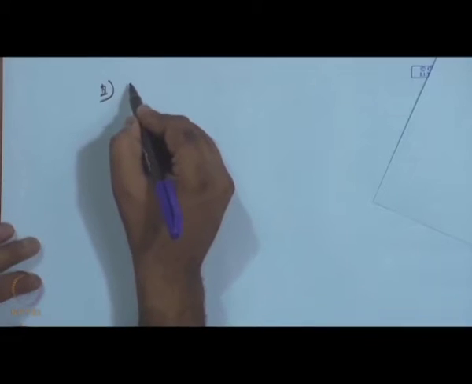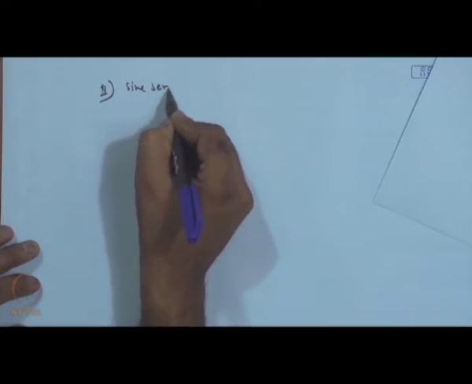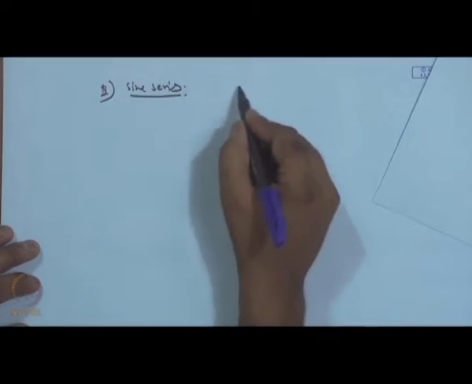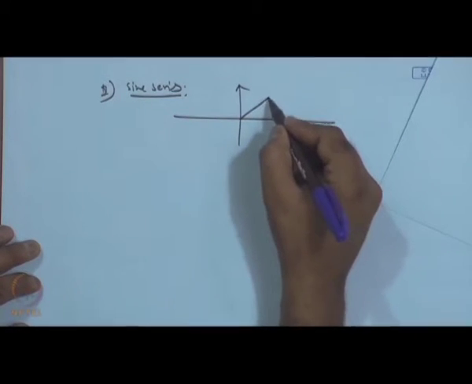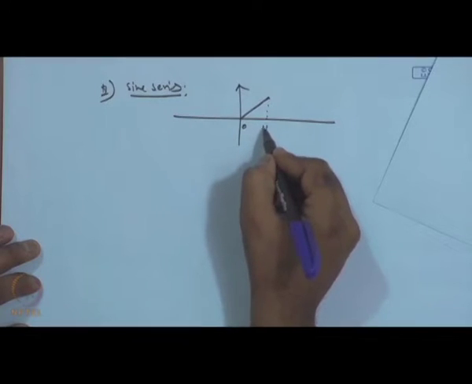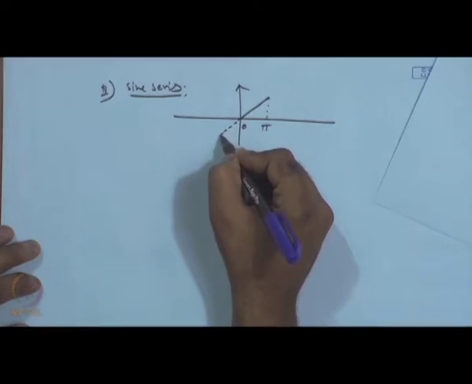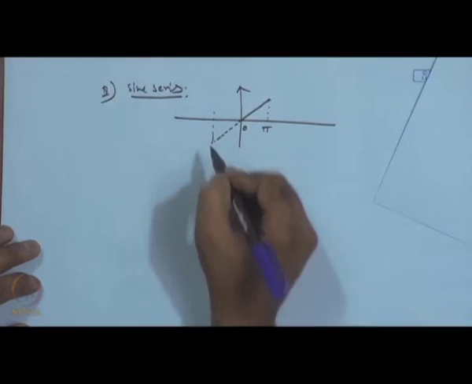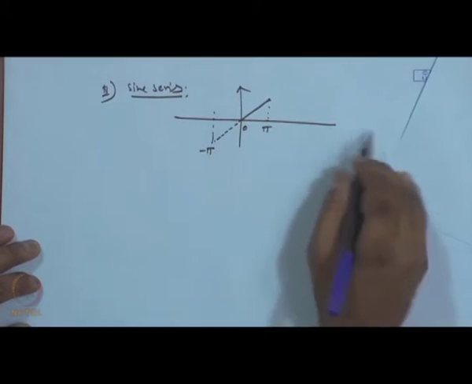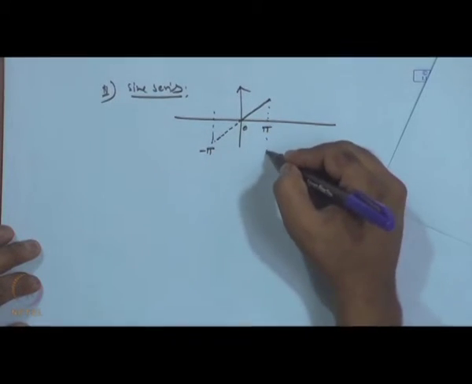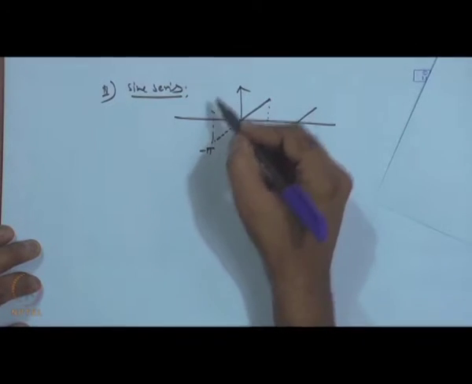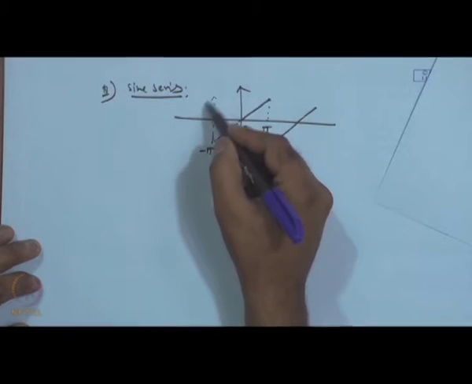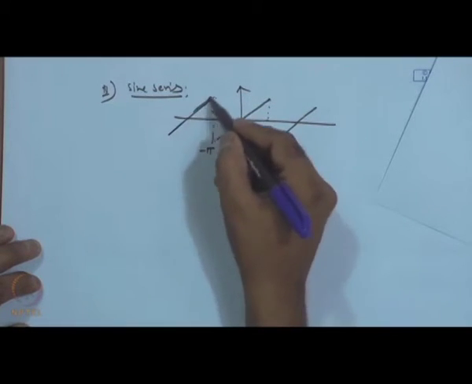And if you want to have the sine series of the same function, what we shall do is, this was the function given in 0 to pi, we can extend this as an odd function and then make this extension periodic.